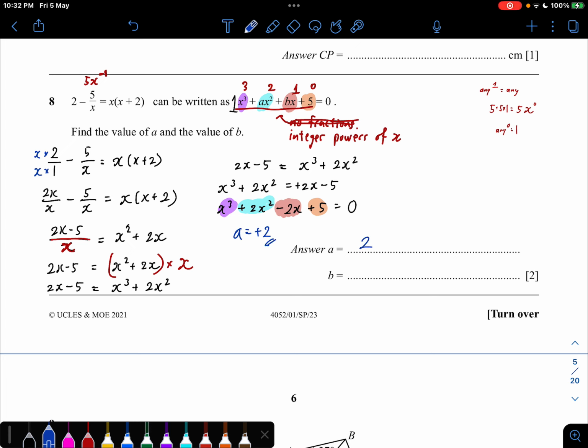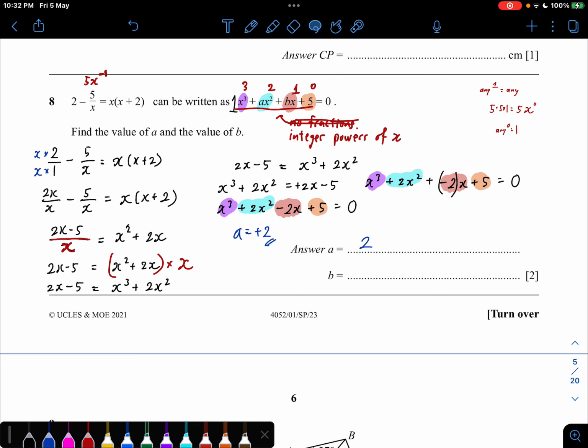Whereas if you compare this reddish orange color, plus bx, and this negative 2x, you realize that on the top we need a plus sign, on the bottom we have a minus sign. So what you could do is to perhaps add one more line. You rewrite this as plus negative 2 in brackets, then you multiply by x, like this.